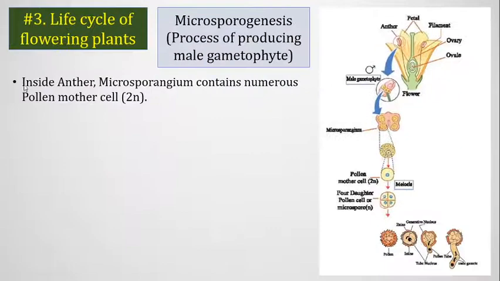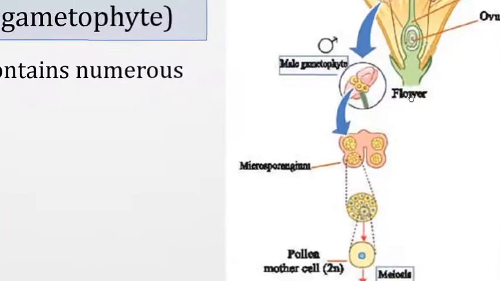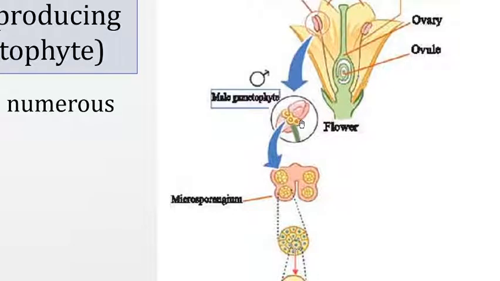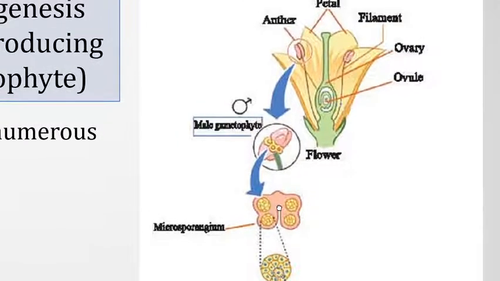Inside the anther there is a colony of cells called microsporangium that contains numerous pollen mother cells that are diploid, 2n. When we take an anther and make a cross section of it, we find some colonies of cells.